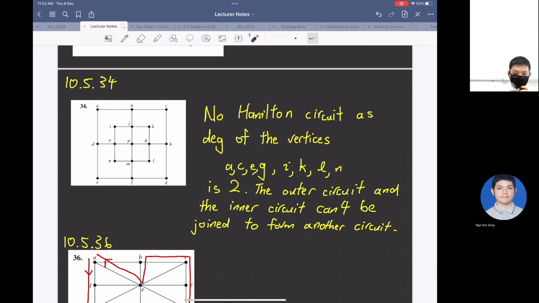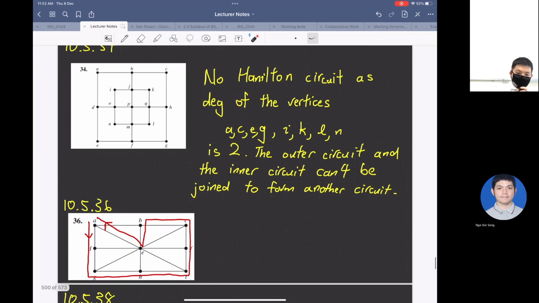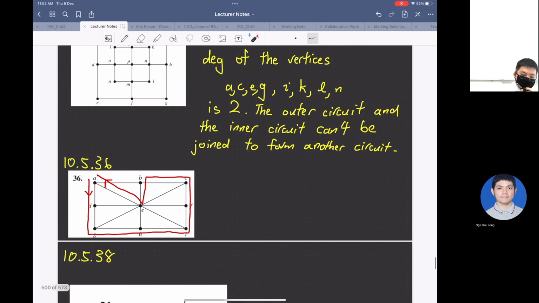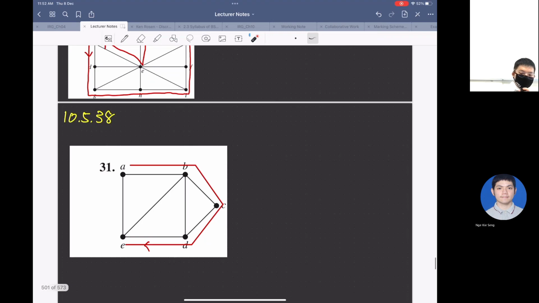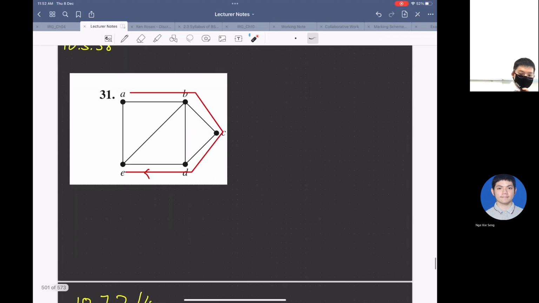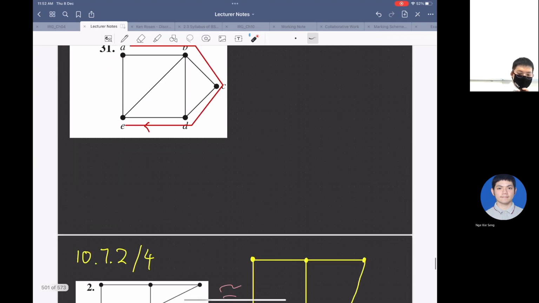You should go and try. 10.5.36, there are quite a lot of possibilities you can draw for this Hamilton circuit. You can go and play around with this example. There are a few Hamilton circuits that you can draw. 10.5.38, you can also try to draw this Hamilton circuit.